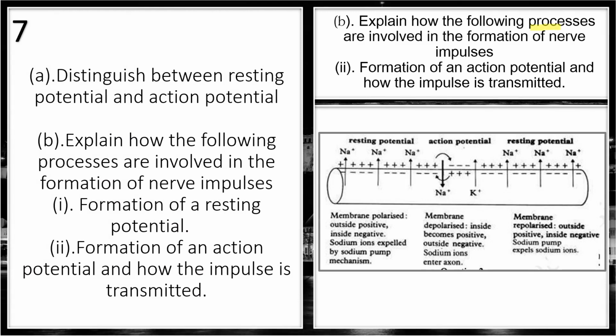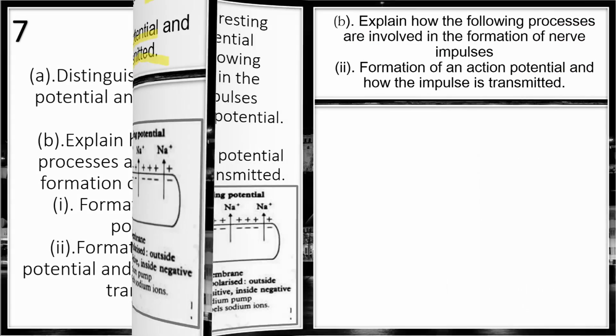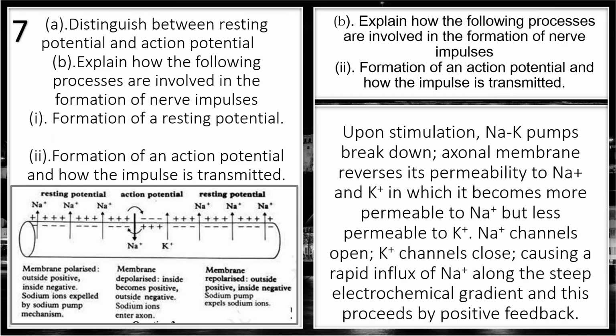Explain how the following processes are involved in the formation of nerve impulses. Number 2, formation of the action potential and how the impulse is transmitted. Upon stimulation, the sodium-potassium pump breaks down.